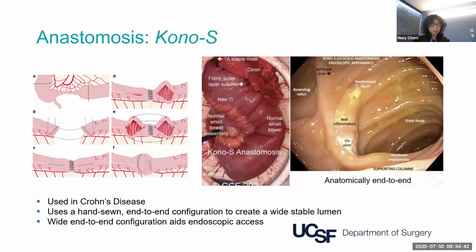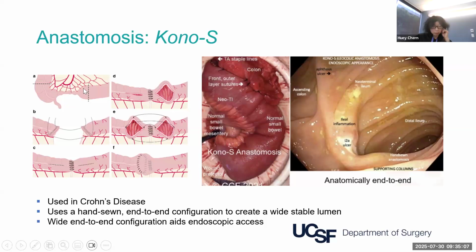This is a Kono-S anastomosis, and that's something we can use in patients with Crohn's disease. It looks like an end-to-end anastomosis. Here you can see the ileum, the diseased area in the colon, and the appendix.